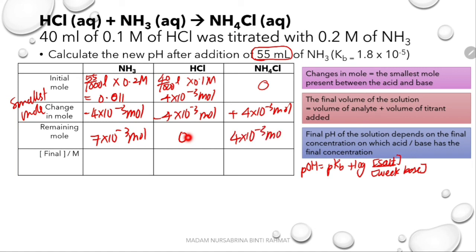We add 40 ml of HCl with 55 ml of ammonia, so the final volume is 95 milliliters, which is equal to 0.095 liter. So the final concentration is in the weak base and ammonium chloride.